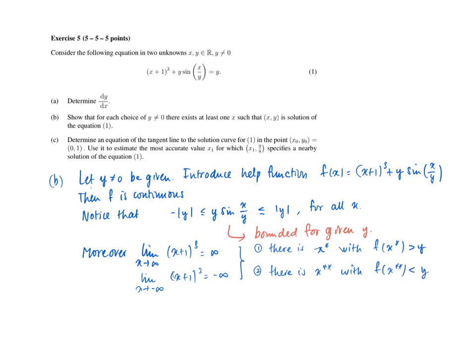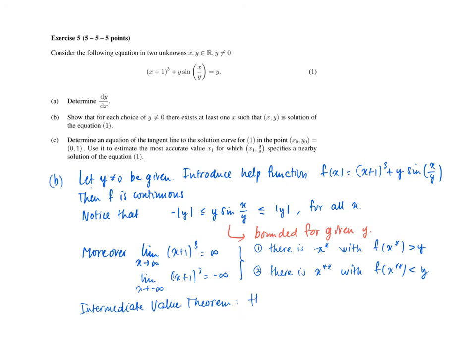Going to minus infinity, we get arbitrarily low values, and going to infinity we get arbitrarily large values. So we find a larger value than y and a lower value than y.